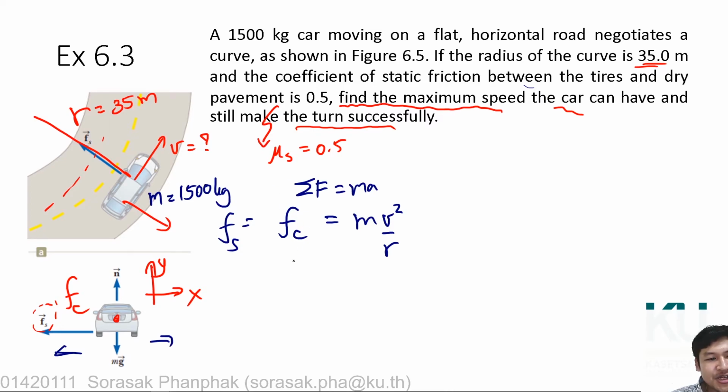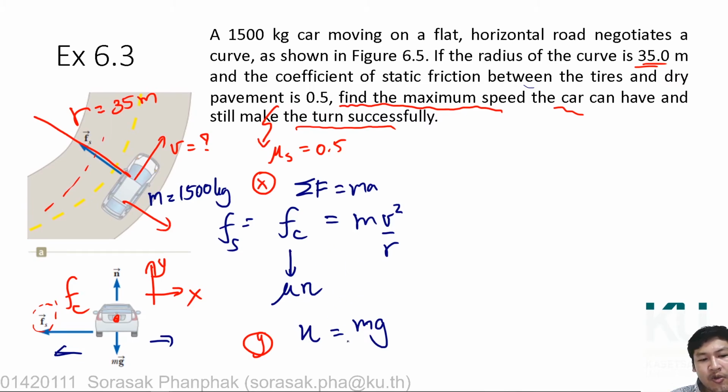And the friction here is mu n, looking only at the x part. If you look at y, you have upward and downward equal, so n is equal to mg.